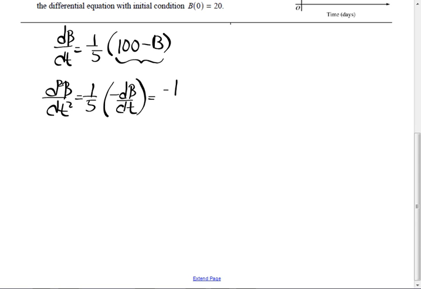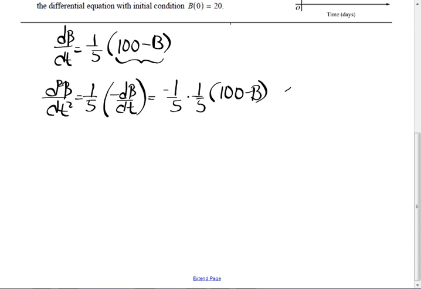So it's negative 1/5 times 1/5 times 100 minus B. And the baby bird's growth rate hopefully won't be going down. Huh? Because the derivative of 100 is 0, and that gives you a negative 1.